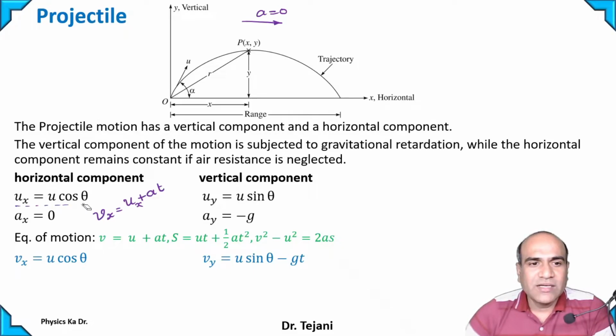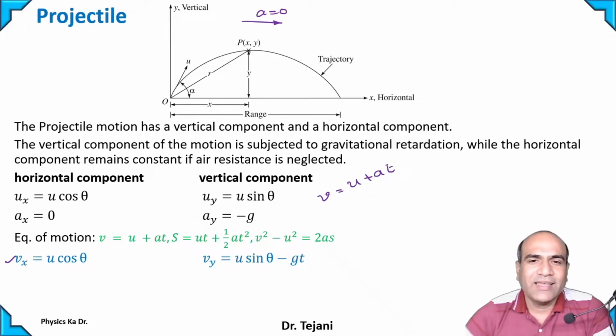That means it is the component along the x axis. So I think this term should be very much understood by you. There should be no confusion. Then similarly for the vertical direction, v = u + at. When we talk about direction y, it becomes Uy, ay, and the time required for that same motion.